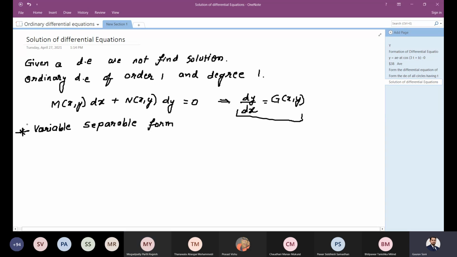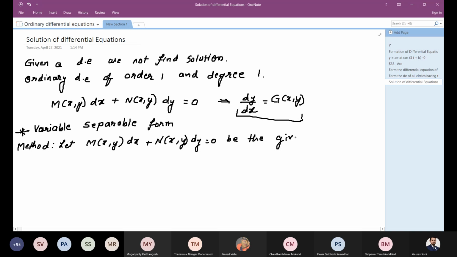So I will also write down the method over here. Let M(x, y) dx plus N(x, y) dy is equal to 0 be the given differential equation. Our first step is to separate the variables x and y.